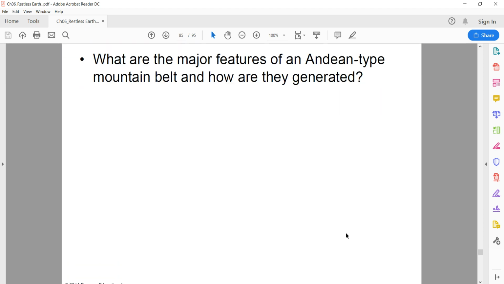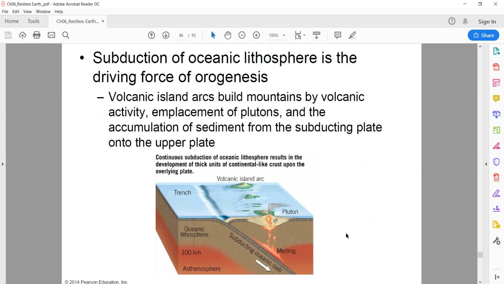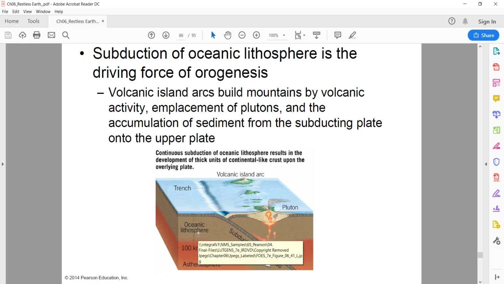Here we know that the Pacific Ocean plate is subducting under the South American plate. So here you have oceanic lithosphere. Oceanic lithosphere is much denser than continental lithosphere.